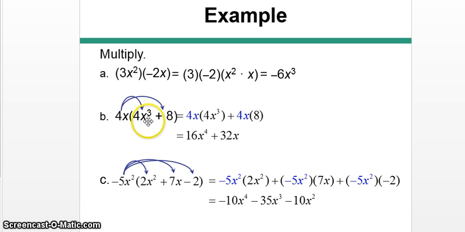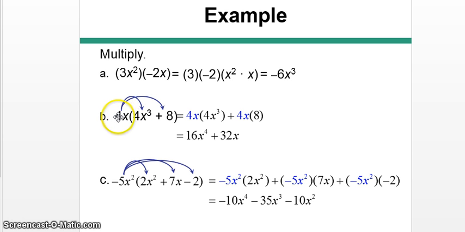Let us see another example. 4x times 4x cubed plus 8. Here 4x is a monomial, 4x cubed plus 8 is a binomial.